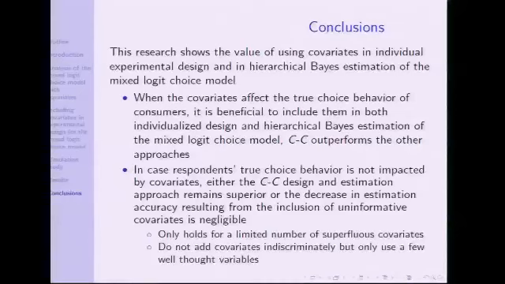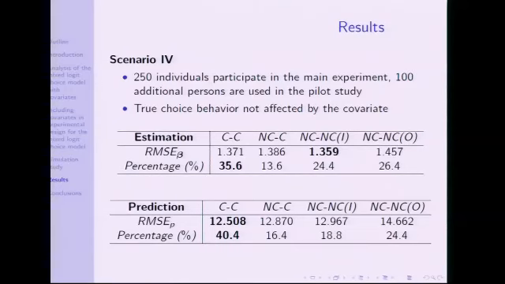So you should not just include covariates irrationally, you should think well about it. And I think the advice should be to consider just a few well-thought covariates from which you're truly convinced that they influence the choice behavior. And when even afterwards you found out that it does not influence the choice behavior, you see from this fourth scenario here that it's not all that harmful.